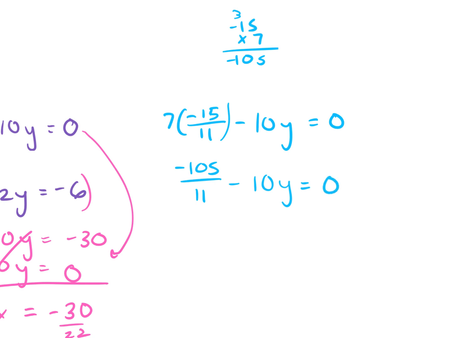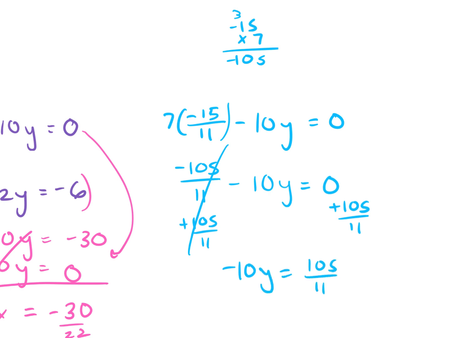If you wanted to get rid of your fraction here, you can multiply everything by 11. That would work. But since we're just moving it over to the other side and adding it to 0, you don't have to. So I'm going to add 105 over 11 to move it to the other side. So negative 10y is equal to 105 over 11.